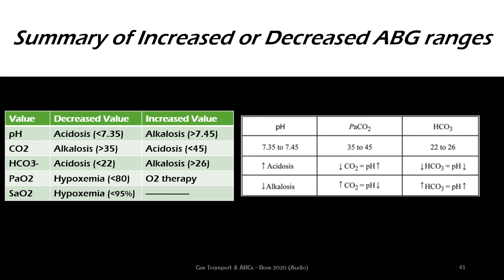When the pH is less than 7.35, the patient is acidotic, and when the pH is more than 7.45, the patient is alkalotic. When CO2 is less than 35, patient has alkalosis, and when it is more than 45, then the patient is acidotic. So once again, you can see that the CO2 goes the opposite direction of the pH. This is why we do not talk of the values being high or low, but we talk about the interpretation of the values instead.